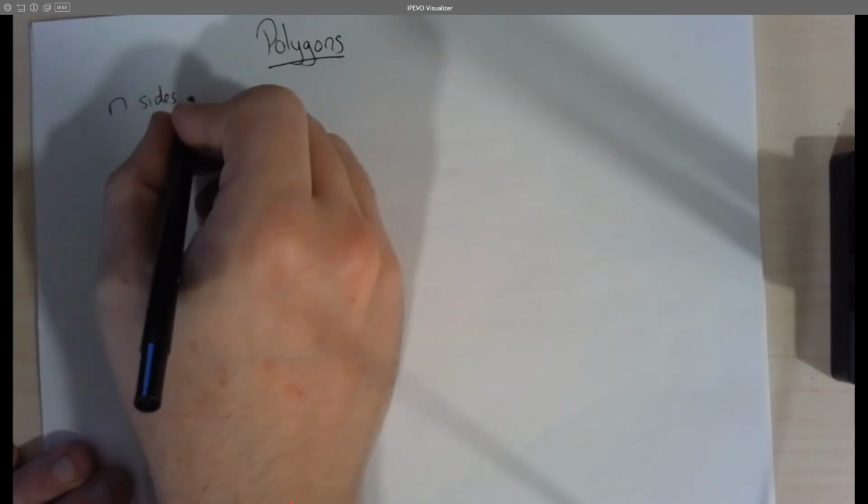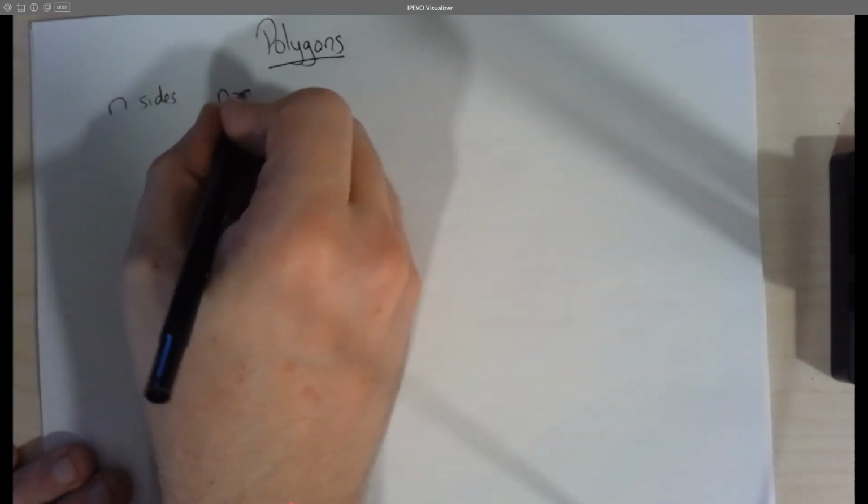The final thing that we got to in this unit in solving things was all about polygons. And the word polygon just refers to a many-sided shape. And so we talked about how a polygon with n sides we call an n-gon.